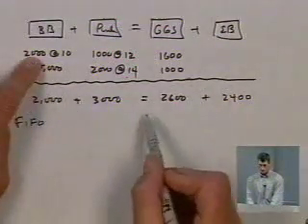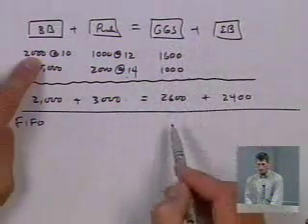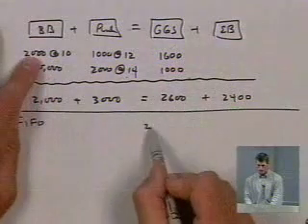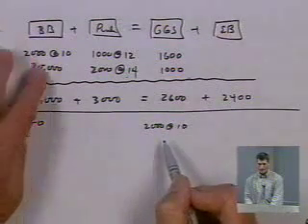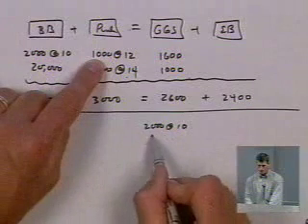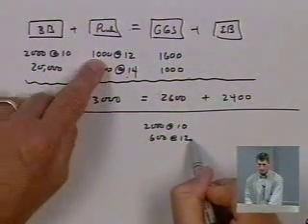So in this case, from a FIFO perspective, cost of goods sold is going to have all 2,000 at 10, and the next layer would be an additional 600 of the 1,000 at 12.